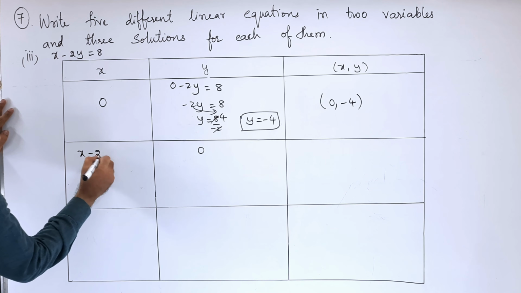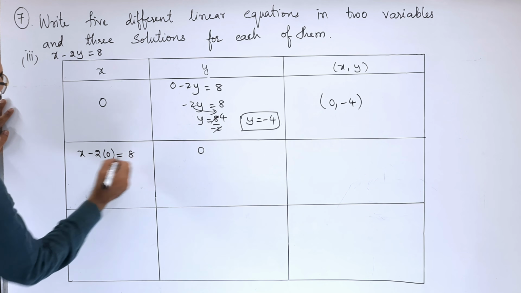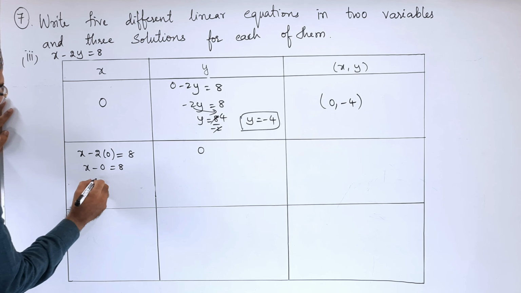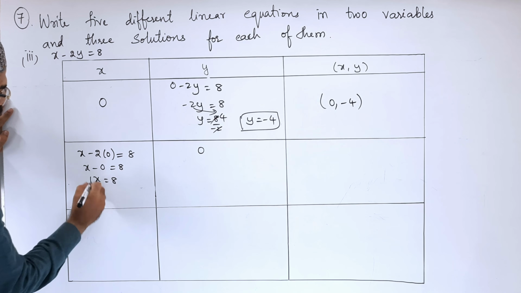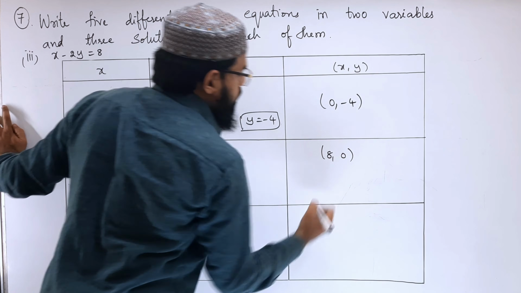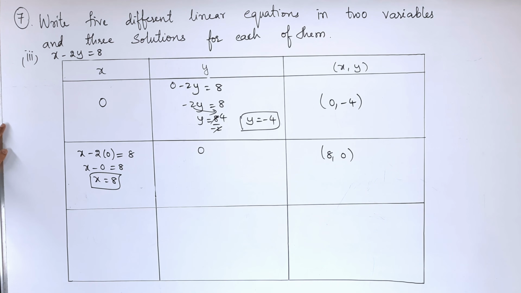Next let us take y = 0. So x - 2 into 0 = 8. x - 2 zeros are 0 = 8. x - 0 is x = 8. (8, 0). Next we can take x as 1.